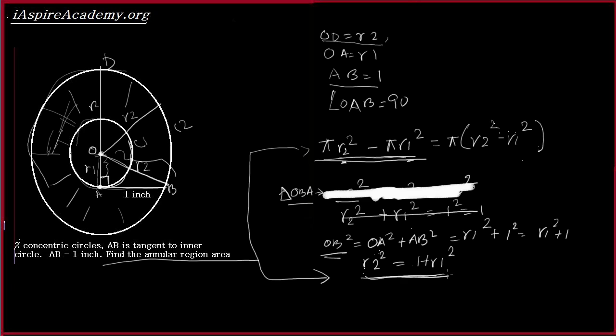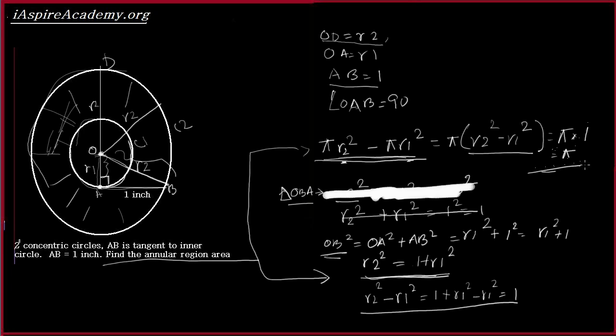If you subtract R1 square from both sides, R2 square minus R1 square equals 1, which you can use here. So pi times 1 equals pi. That's our answer.